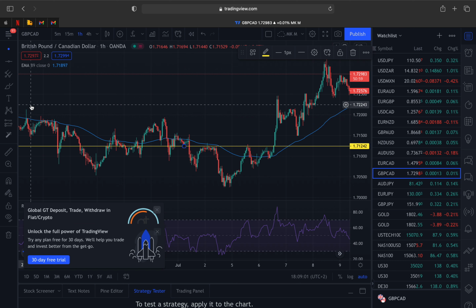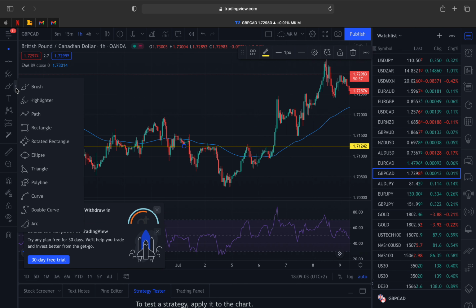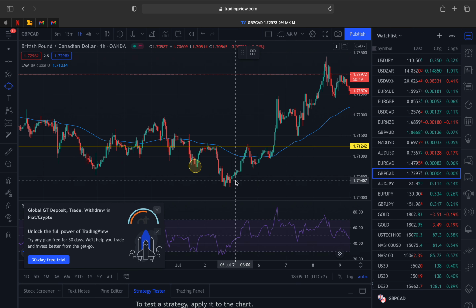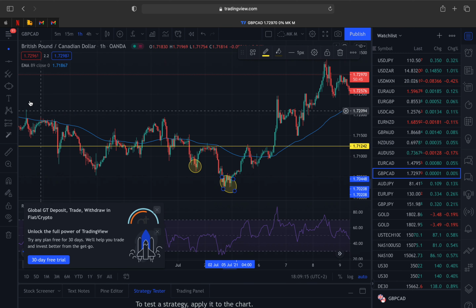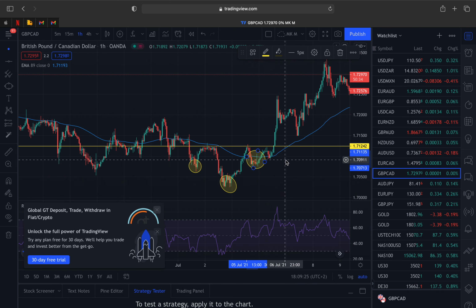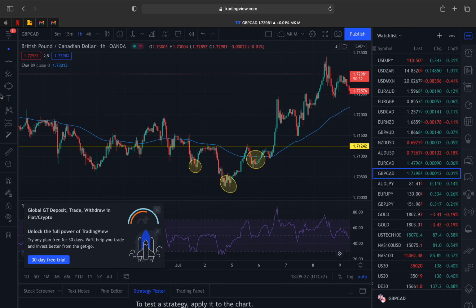Then I'm just gonna take shapes and we're gonna draw another shoulder, then you have your head, then there you have your shoulder again. Alright, there we go.